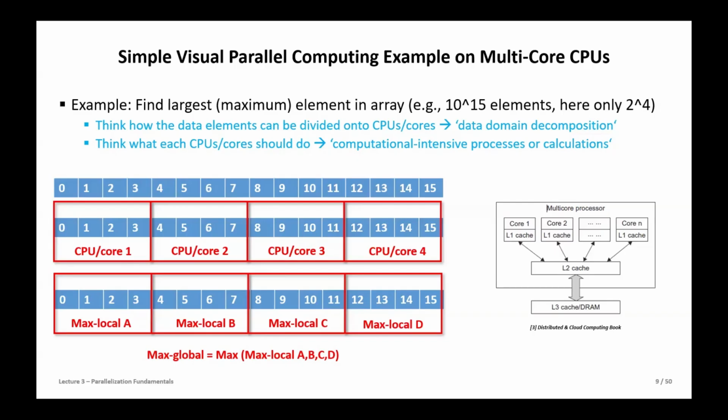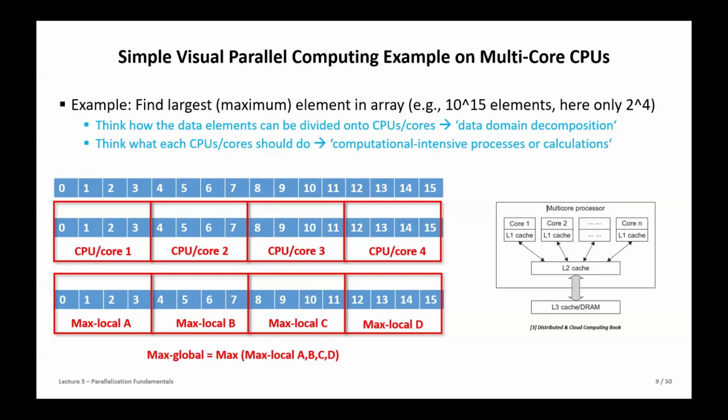And the idea is that by not using one core going through all 16 elements, we use 4 cores in order to obtain something we call a speedup. This is one of the motivations of parallel computing per se: speedup, having high performance applications that are faster in parallel than with more serial approaches.